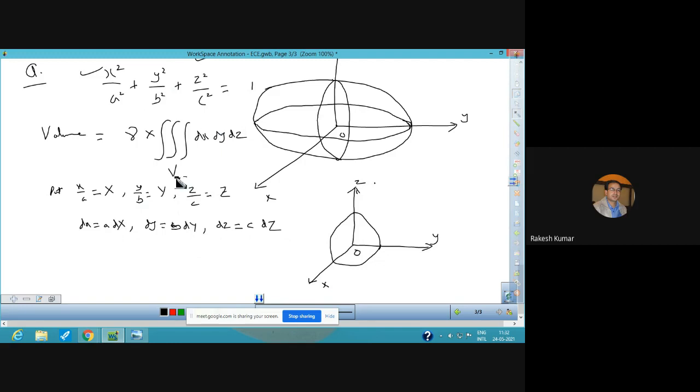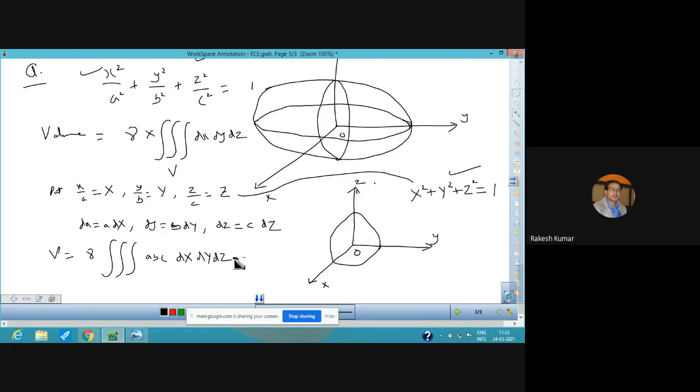The ellipsoid, by using this substitution, will become X squared plus Y squared plus Z squared is equal to 1. This is the equation of a sphere. So you need to evaluate the volume, that is the triple integral dx dy dz, which will be abc times the triple integral dX dY dZ over the surface of a sphere.